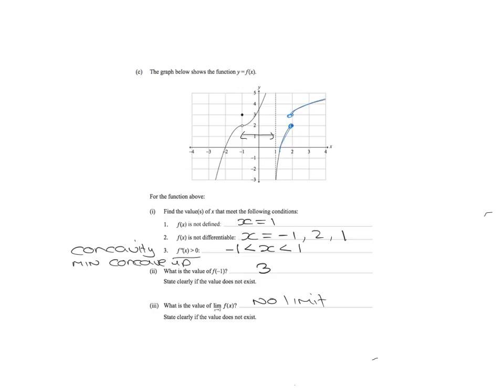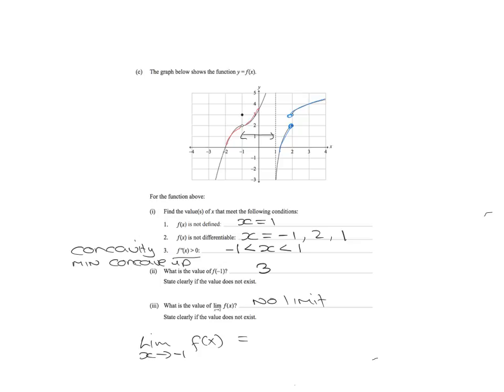Other examples of limit we could look at is the limit as x tends to -1 of f of x. Now here, if we approach from the left, you can see it's heading towards 2, the y value of 2.